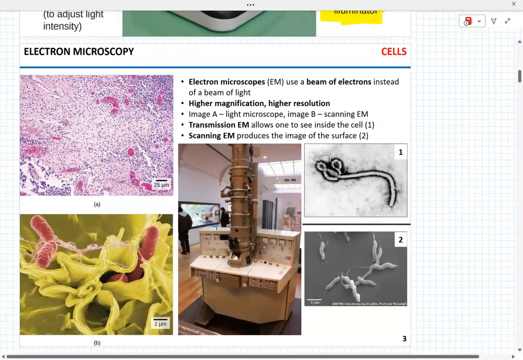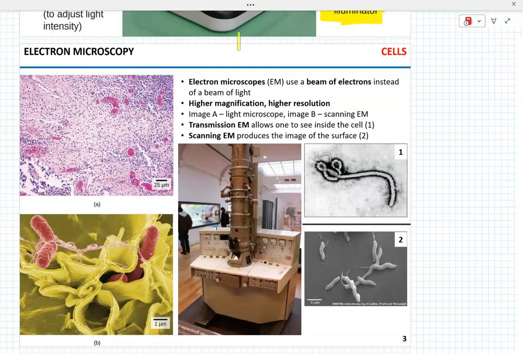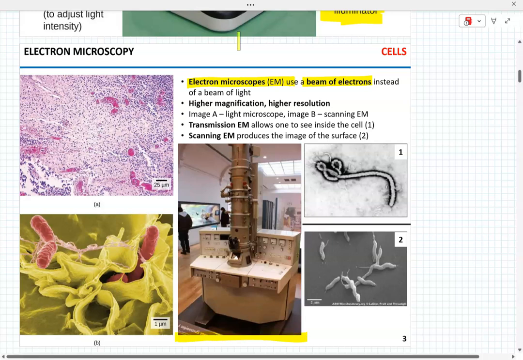If the object is too small to be observed by the light microscopy, electron microscopes can be used. They use a beam of electrons instead of light. You can see the electron microscope here in the center. Electron microscopes have greater magnification and resolution compared to the light microscopes. On the image A, you can see a typical light microphotograph.